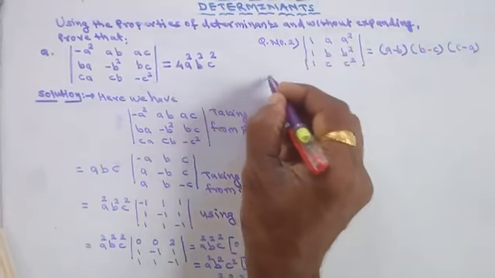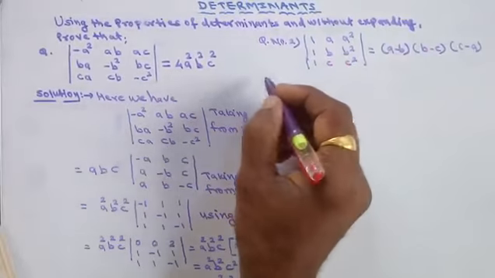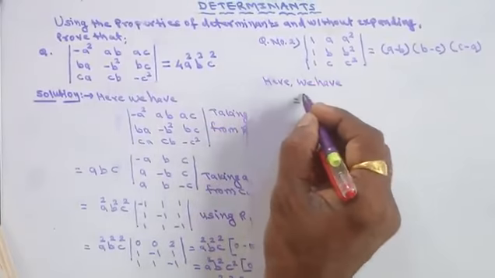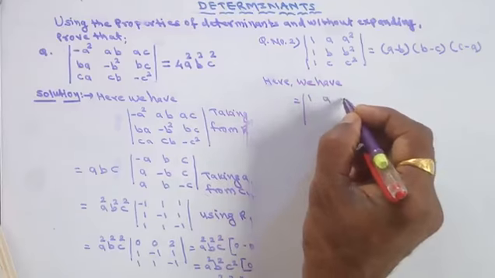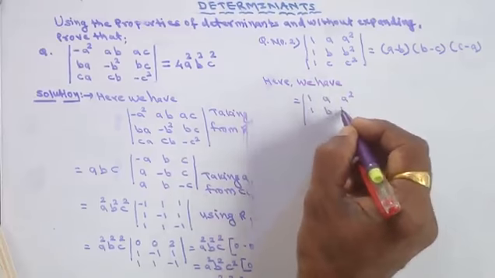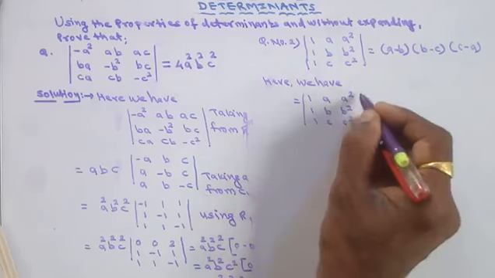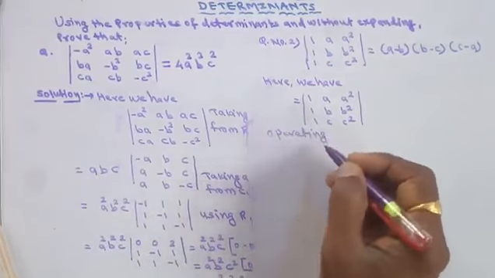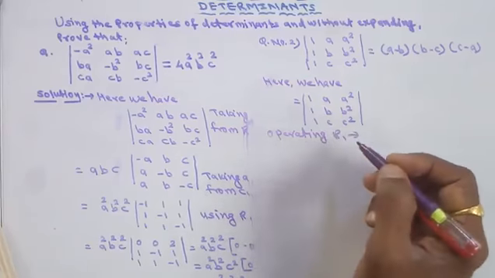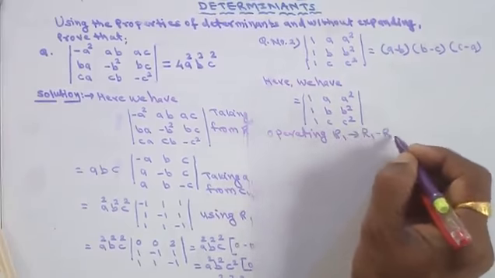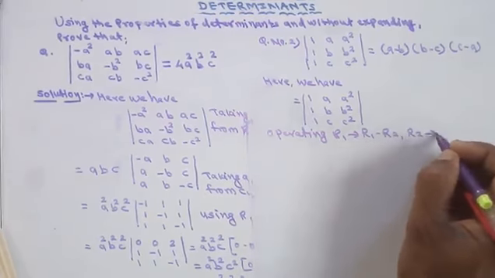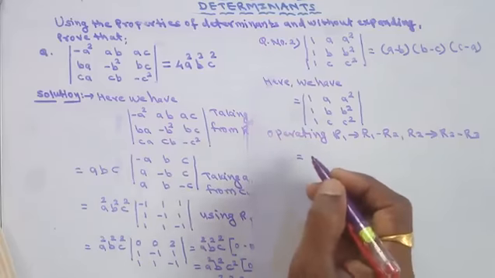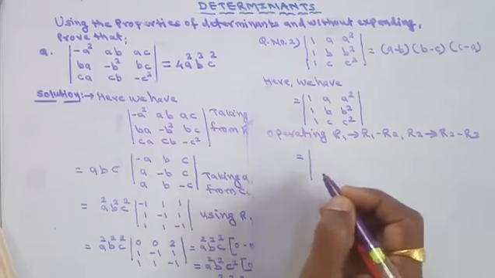So operating, here we have the determinant equal to 1, a, a square; 1, b, b square; 1, c, c square. Operating r1 as r1 minus r2 and r2 as r2 minus r3.